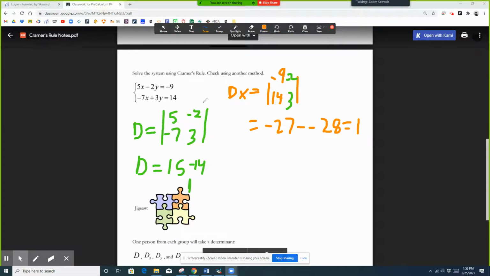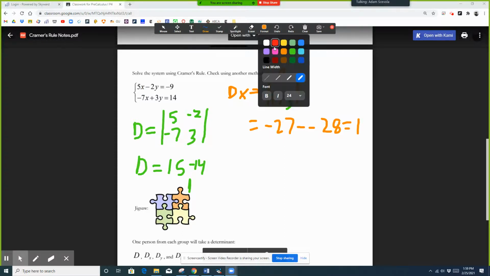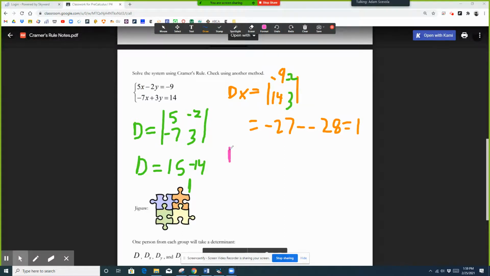So at this point, we could just plug 1 in for x and solve for y. But if we wanted to use Cramer's rule throughout the whole question, which I may ask you to do, then for this one, we're going to take the same matrix that we had for D, but we're going to replace the y's with the constants.